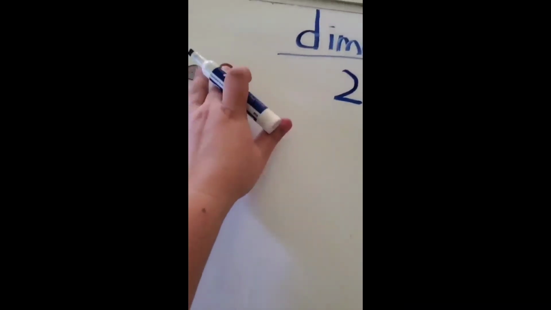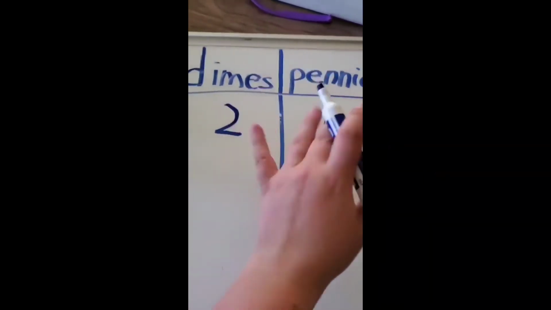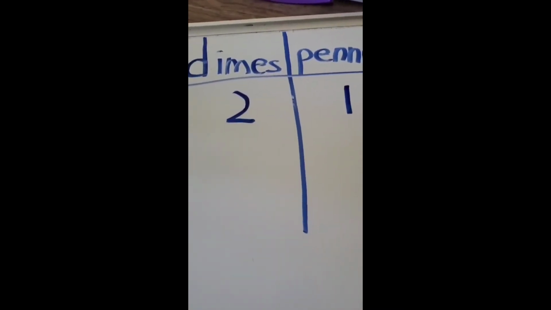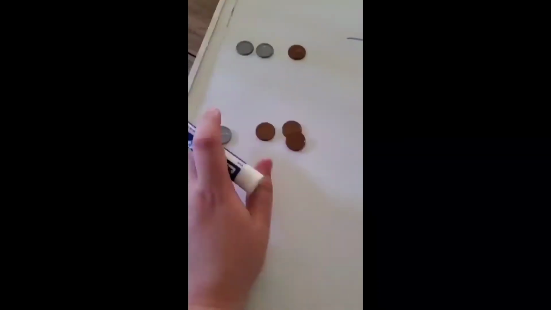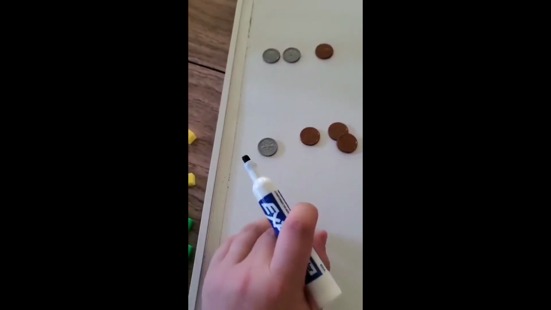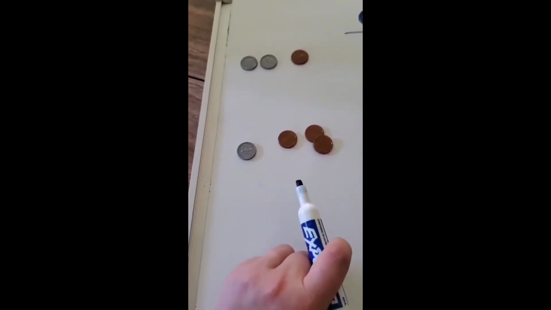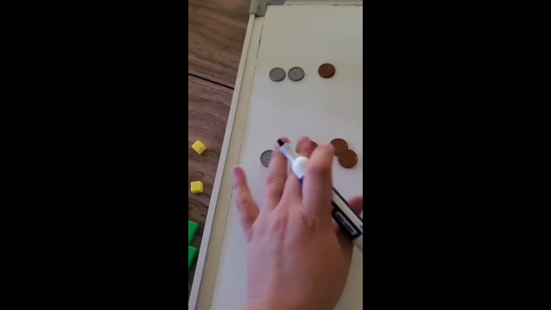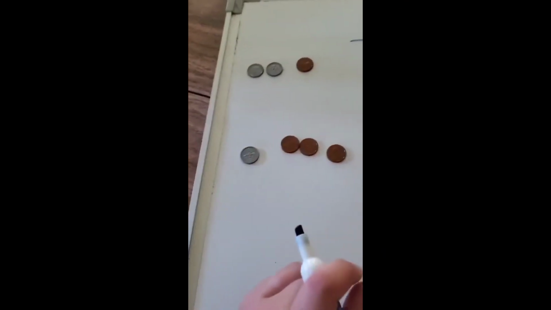And then I have 1 penny, and I'm going to put the 1 in the ones section, okay? Now I'm going to move on to this one. How many dimes do I have here? I have 1. And then I have how many pennies? 3.